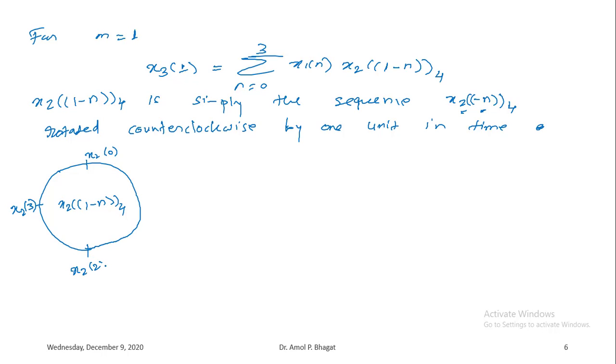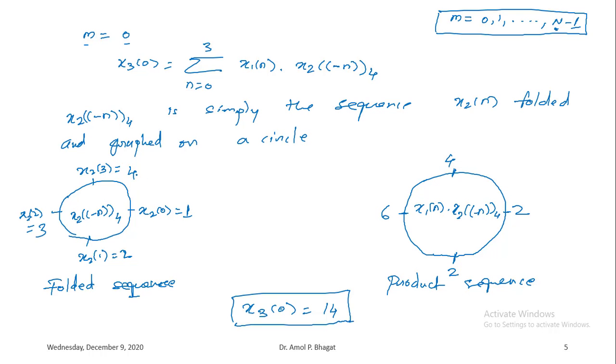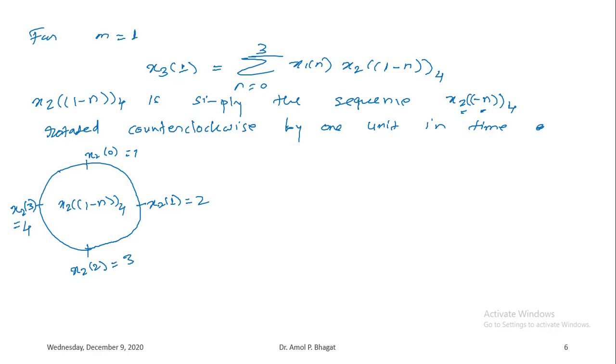The sample values will be specified here: x2 of 0 is 1, then 4, 3 and 2. These values are simply rotated anti-clockwise by one sample, so 1 came here, 4 goes here, 3 goes here and 2 goes here.